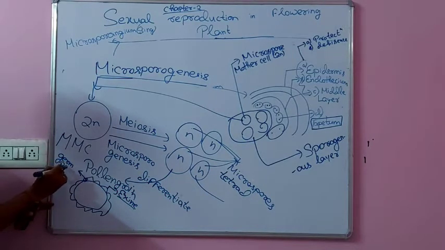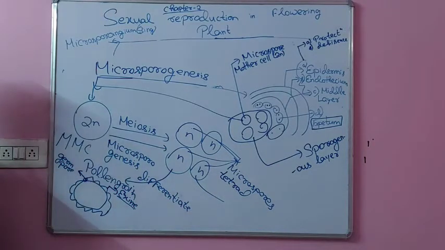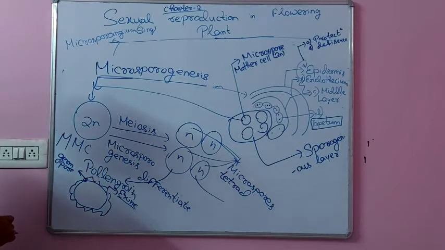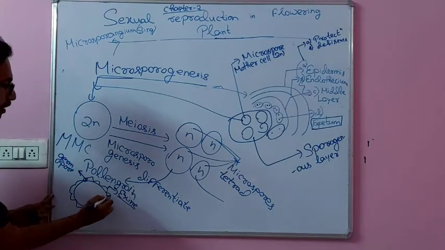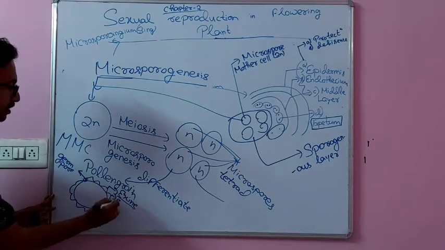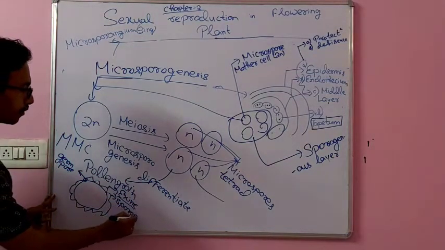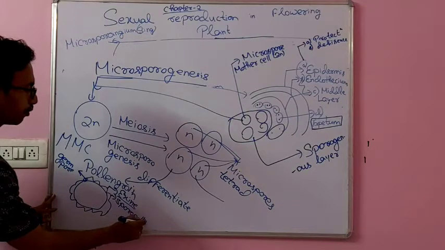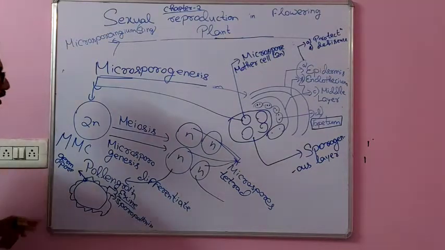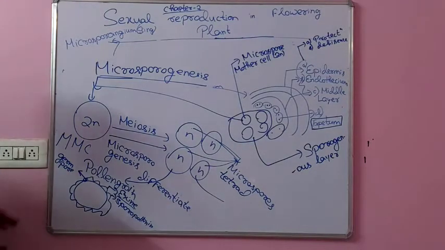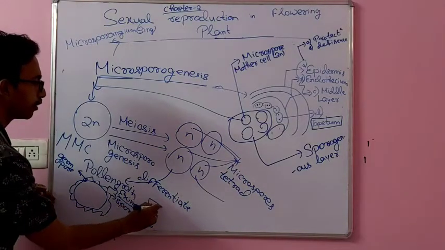The germ pore is the thin region of the exine. Another unique feature of this layer is that it is made of a chemical called sporopollenin. Sporopollenin, in fact, is a derivative of carotenoids.